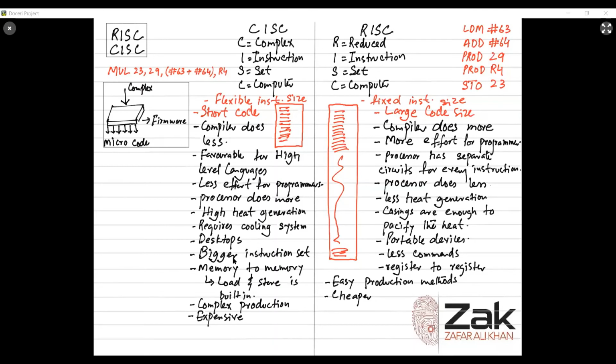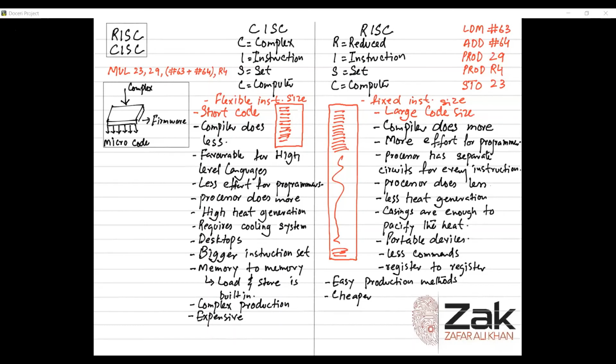Bigger instruction set code means that you have more instructions. You have so many instructions. And in RISC, you have reduced instruction, meaning fewer instructions. What does it mean? Pay attention to this thing. This is very important. In CISC, this firmware converts the code to the reduced instruction set code.